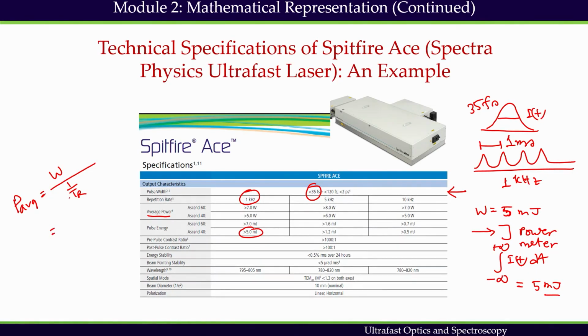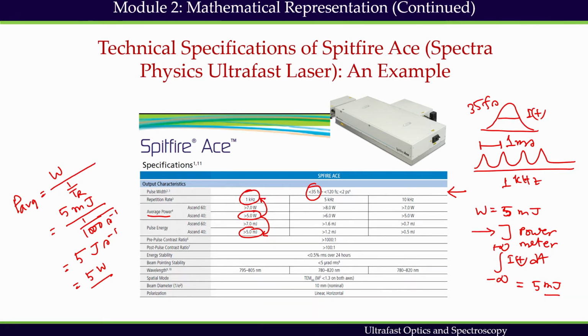For the specification we have selected, it is 5 millijoule per pulse energy divided by 1 by T_R, which is 1 by 1000 second, inverse hertz, which gives me 5 joule per second, which is nothing but 5 watt. So this 5 watt is connected to 5 millijoule energy for a 1 kilohertz repetition rate.